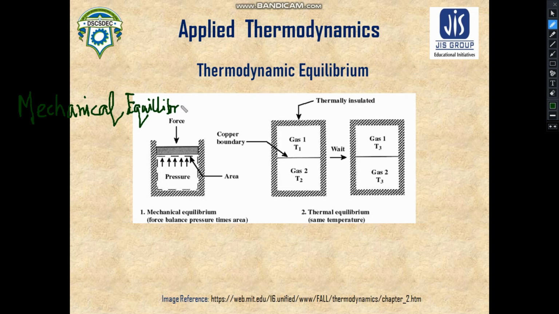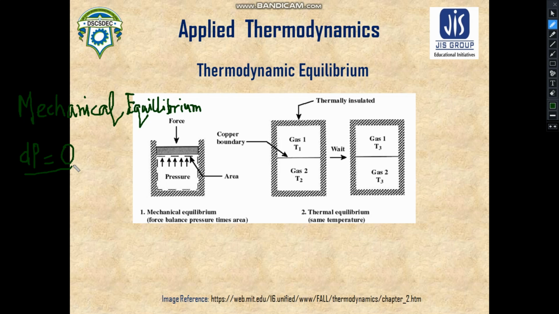If there is no difference in pressure within the system itself, and if there is no pressure difference between the system and surroundings, then we can say that the system and the surroundings are in mechanical equilibrium. That means we can say dP, or the difference in pressure, is equal to 0.